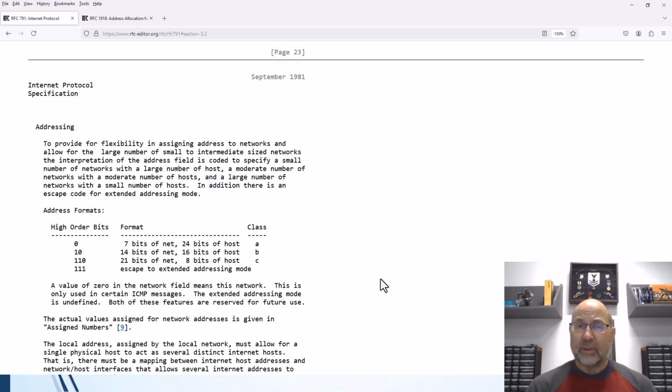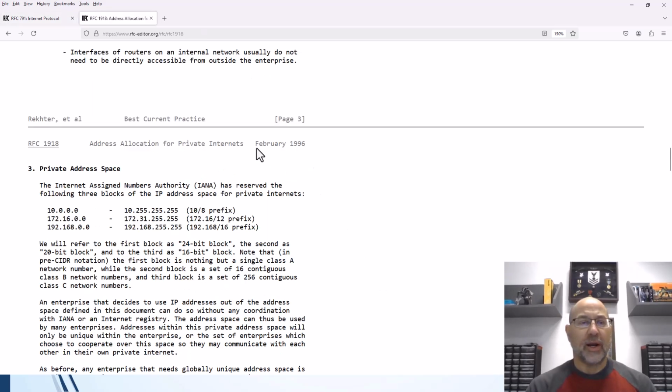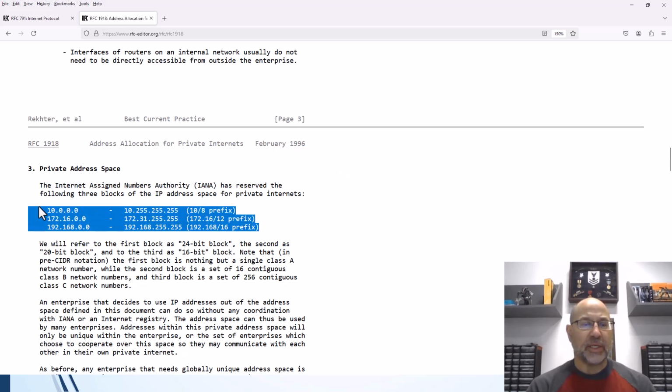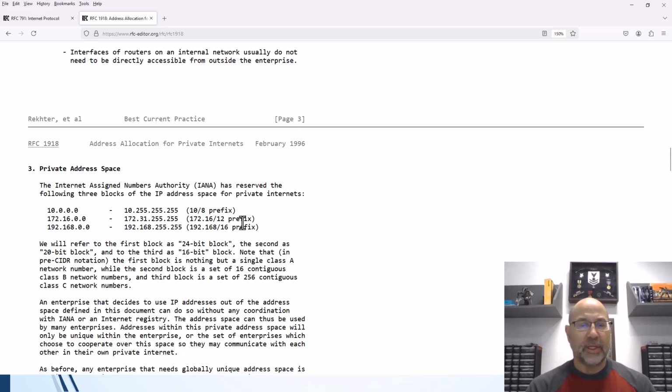Well, what about the private addresses that we were just talking about? Well, this is RFC 1918 from 1996, and we can see right in the middle of the RFC, the address space is described. Now, one thing that's a little tricky here is this /12. So first of all, when you see /8, /12, /16, /24, this is CIDR notation.